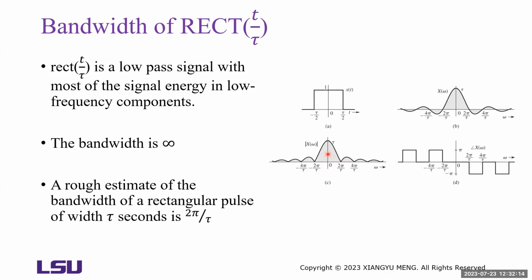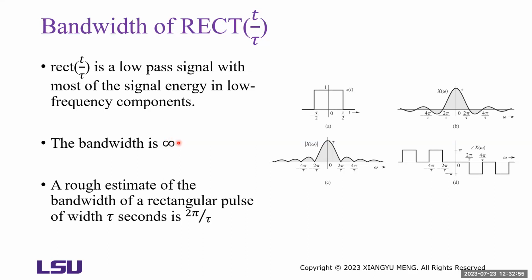Then what is the bandwidth? We know the bandwidth is defined as the difference between the highest frequency and the lowest frequency. Clearly here, the lowest frequency is 0. Then what is the highest frequency? When we look at the spectrum, it extends from 0 to infinity. So technically, the bandwidth of the rectangular function or unit pulse function is infinity.